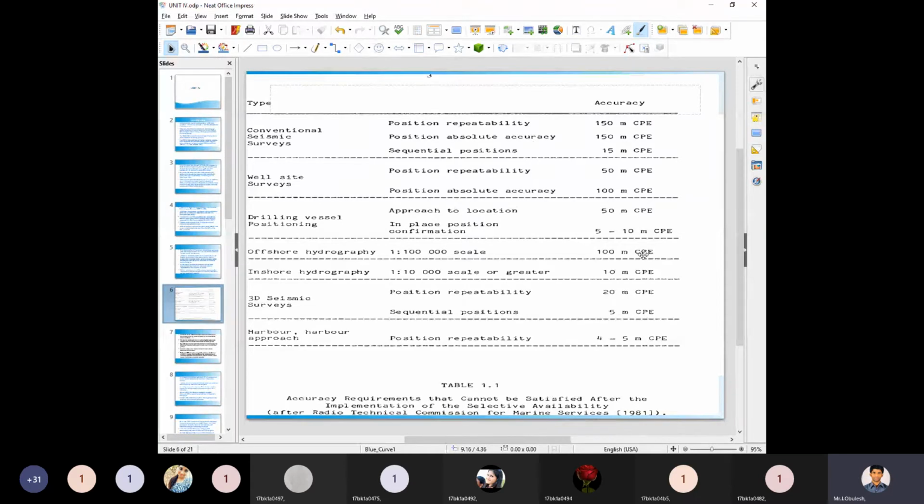So what accuracies are represented in this table 1.1? Offshore hydrography is at 1:1 lakh scale, with an accuracy of 100 meters CP.